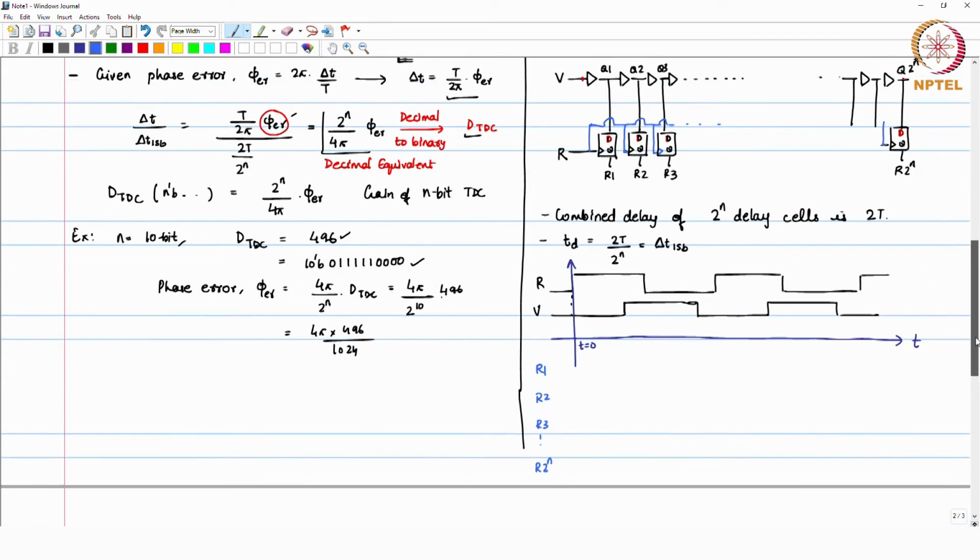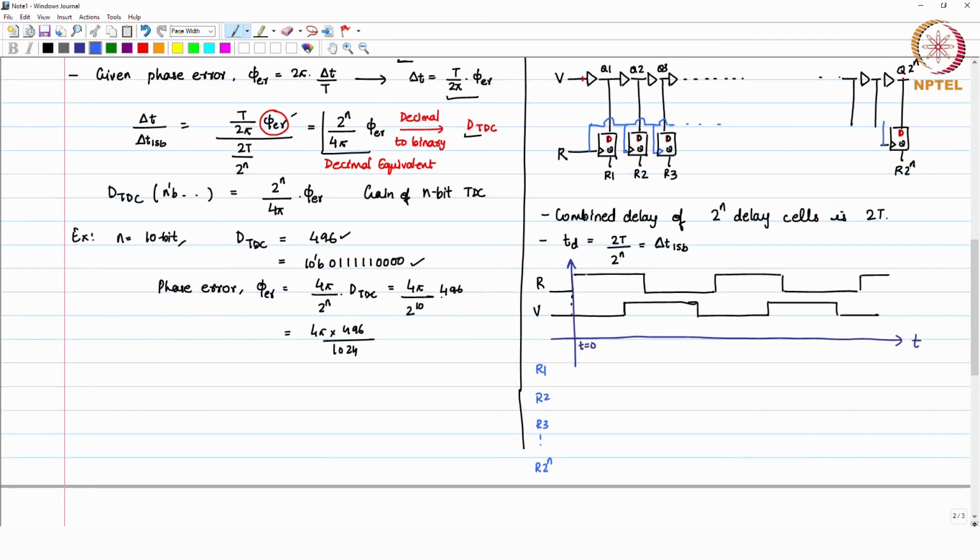These are the registers which sample the value at the rising edge. So, when the first rising edge on R comes, what you sample is 0, 0, 0 and 0, all of them are 0.